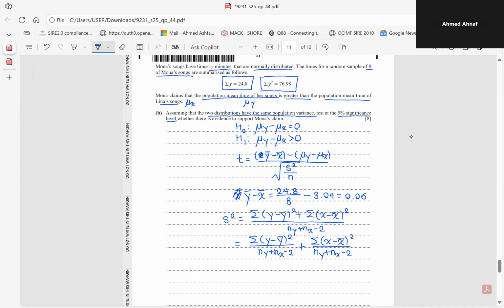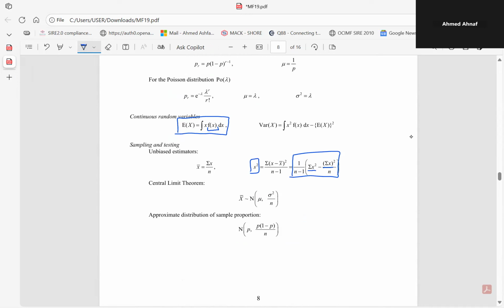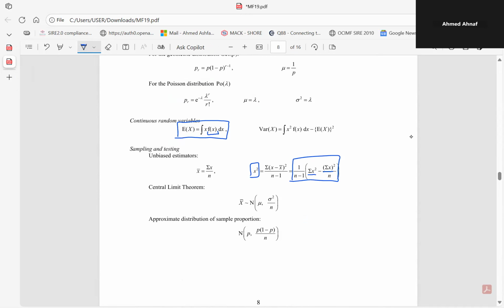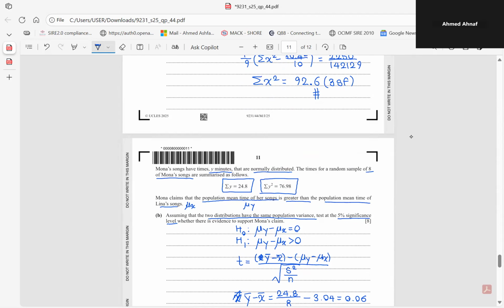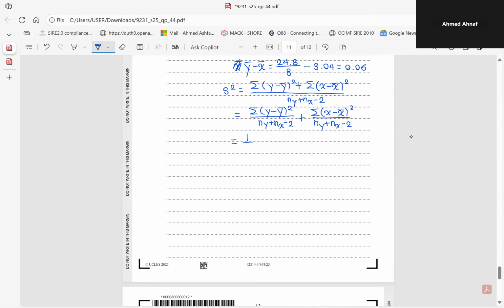Okay, so to re-express this, we're going to take reference from here. You can see that this is the same as 1 over ny plus nx minus 2. ny is 8, nx is 10, minus 2, that's 16.